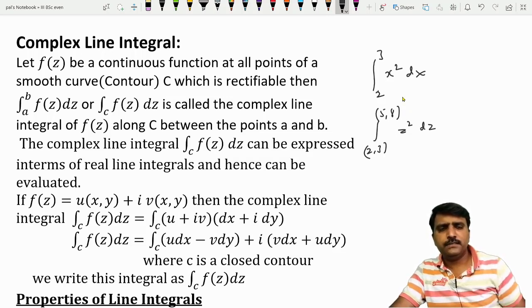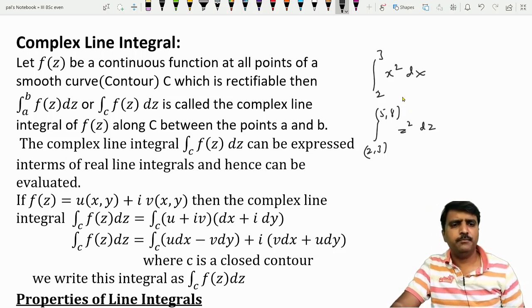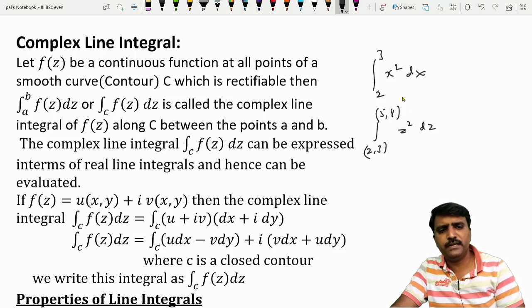Okay, so between these two points, 2 plus 3i and 5 plus 8i, there are so many curves. Between these two points there are so many curves. ಎಷ್ಟು ಬೇಕಾದ್ರೂ ಕರ್ವ್ನ ಡ್ರಾ ಮಾಡ್ಬೋದು.